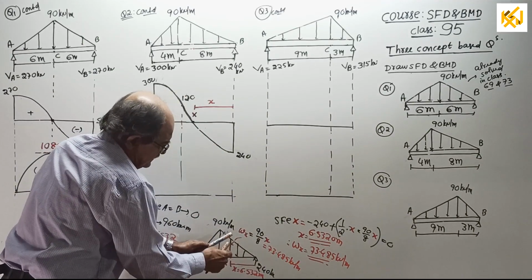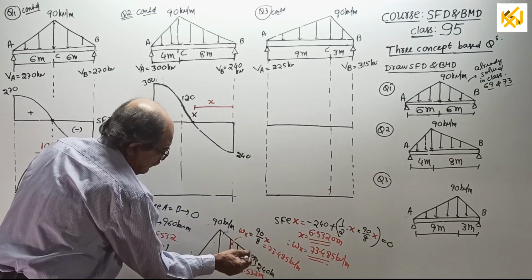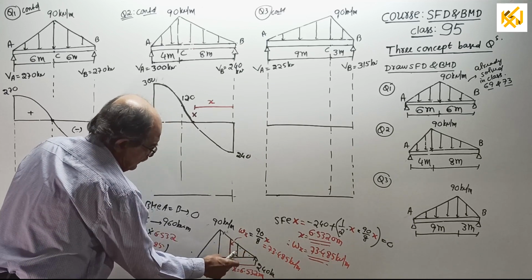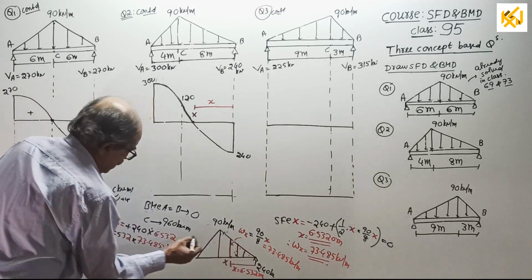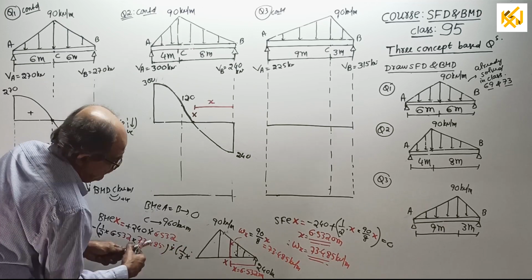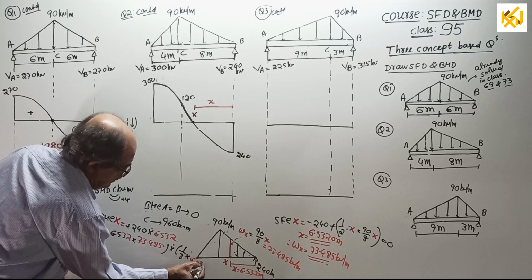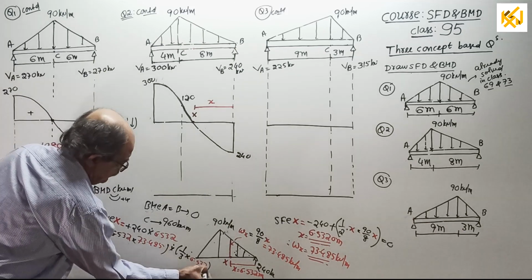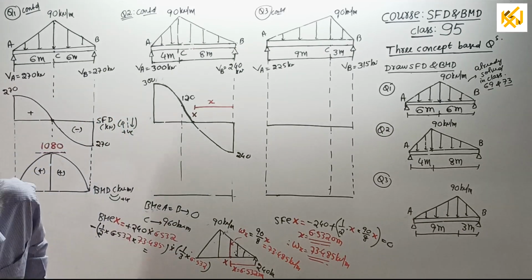See once again, 240 into this resistance minus moment of this triangular load, half into this X into this ordinate into 1/3 of 6.532. Calculate that BM.